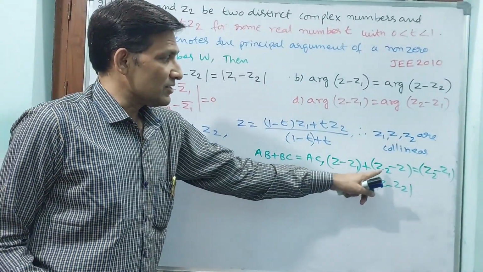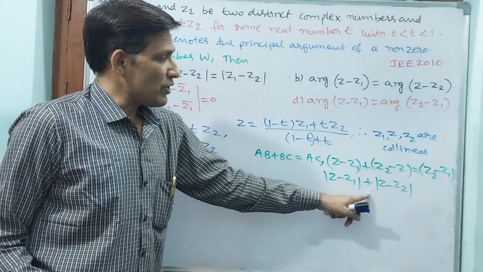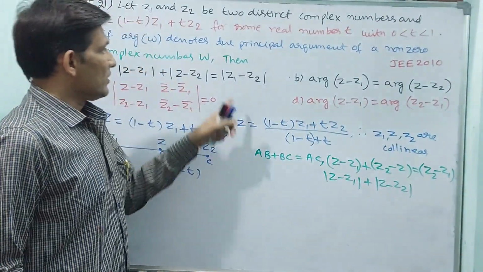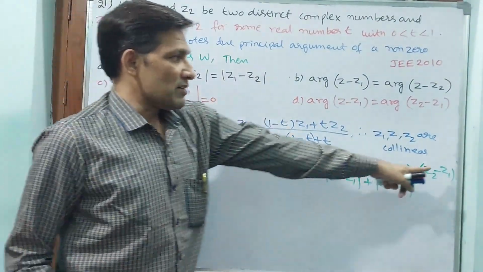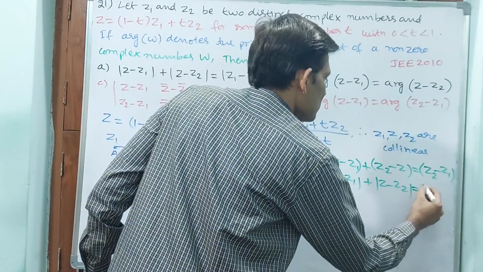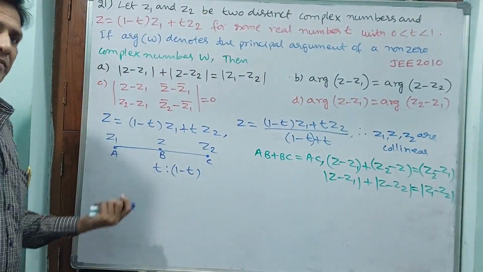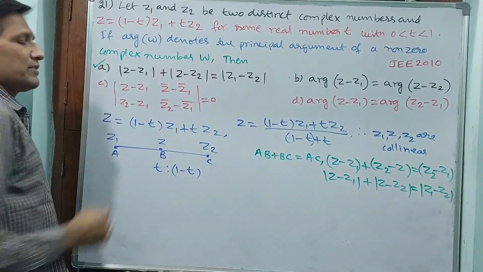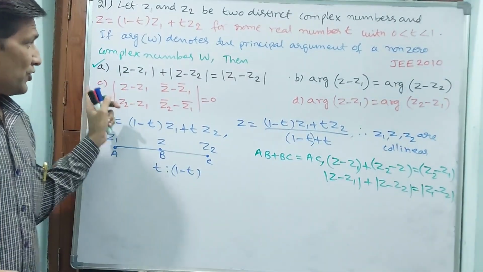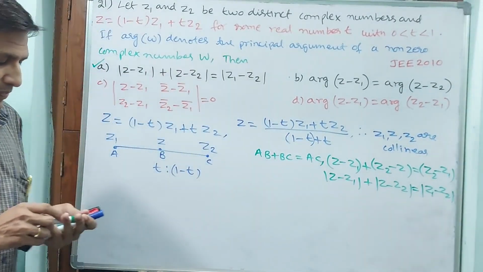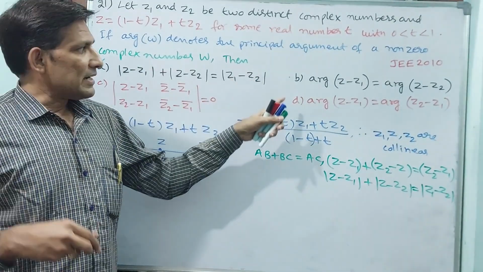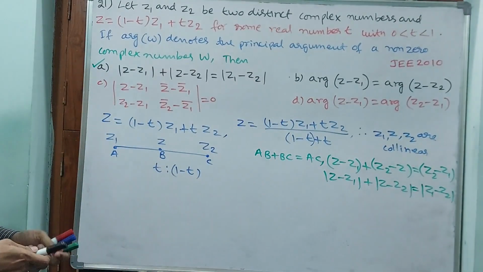Or else this is going to give a negative number, and the modulus of a negative number is going to become positive. Z2 minus Z1 is there, but since we are keeping modulus, that is why Z1 minus Z2. Is it correct first? Definitely correct. That is why I am putting this tick mark. That means for this, A, C, D, 3 answers will come. What is not correct means B is not correct. That also we will prove.